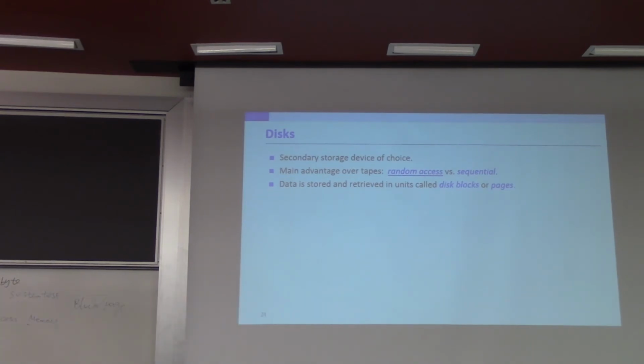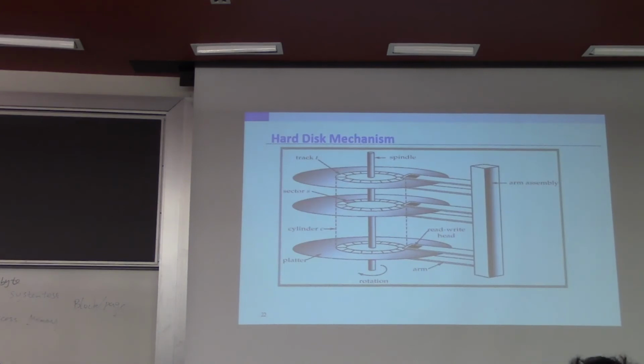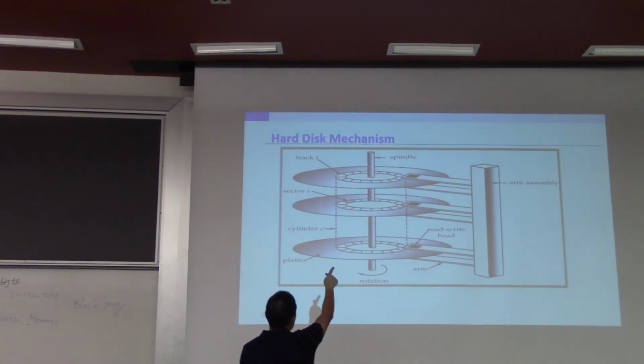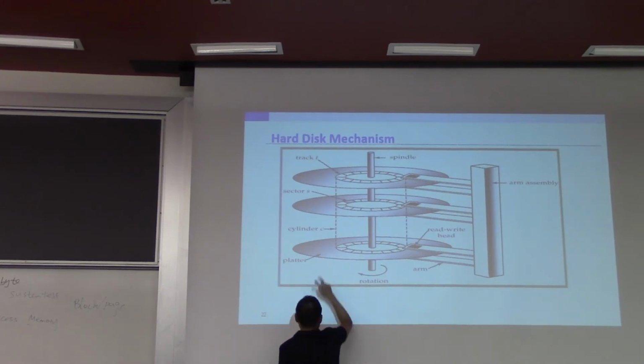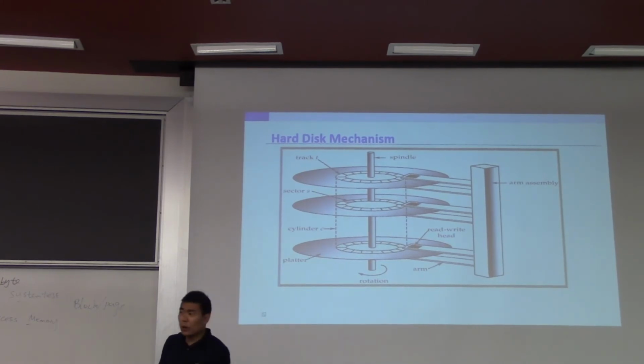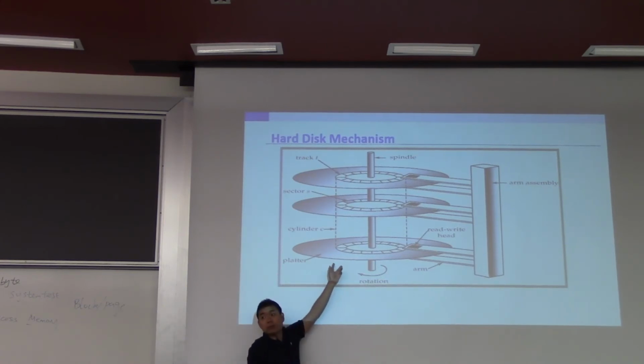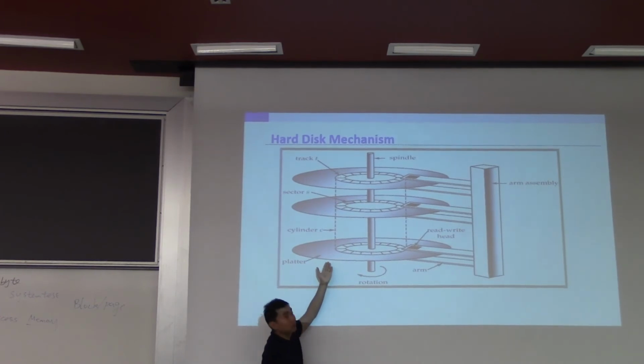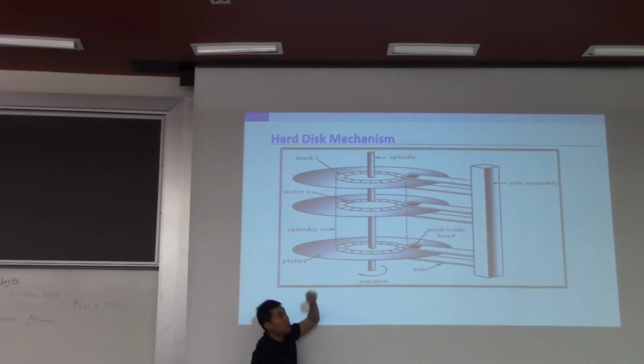So that means a disk really looks like this. You have multiple of these surfaces I mentioned earlier. In fact, that's what we call a platter. In modern hard disk drives, a platter is typically double surfaced, meaning you have a surface on top and also a surface at the bottom.